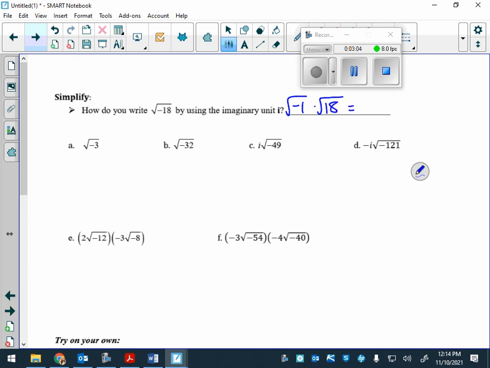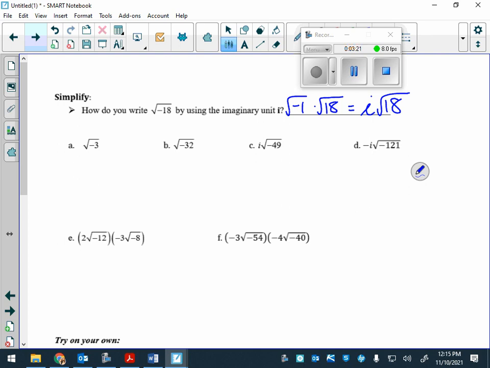Square root of -1 automatically is what? i. See a negative? Take an i out. Now we could simplify the square root of 18. How? How can we simplify the square root of 18?